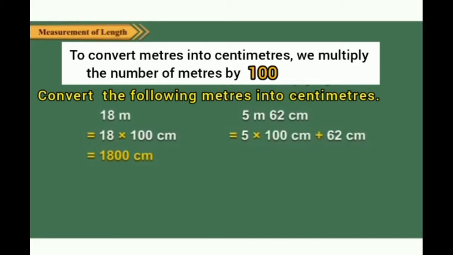So the answer becomes 5 into 100 centimeters plus 62 centimeters. 5 into 100, the answer is 500 centimeters. And to the answer, we should add 62 centimeters. So the answer becomes 500 centimeters plus 62 centimeters. We know that 500 plus 62, the answer is 562 centimeters.